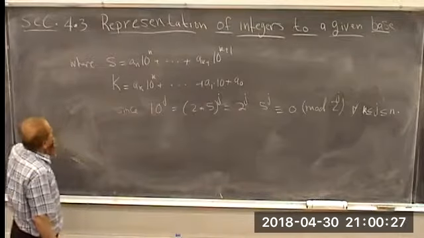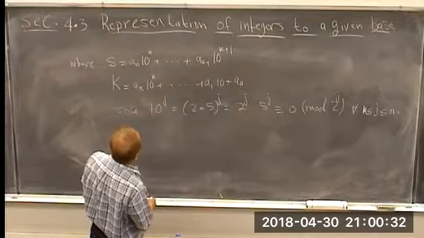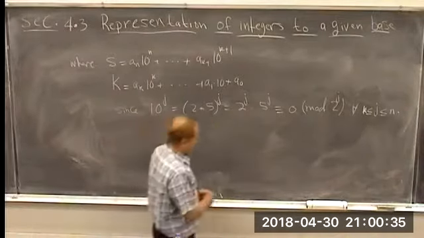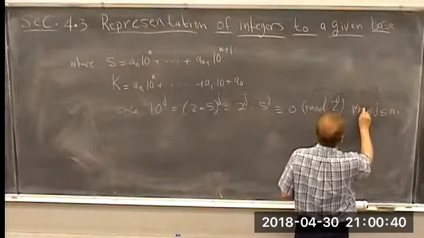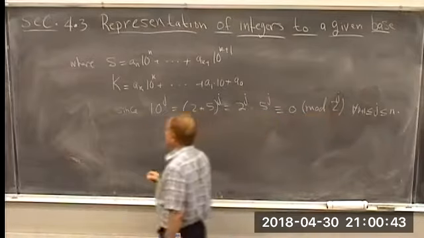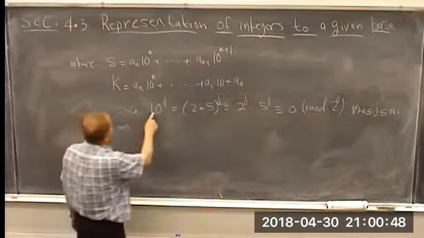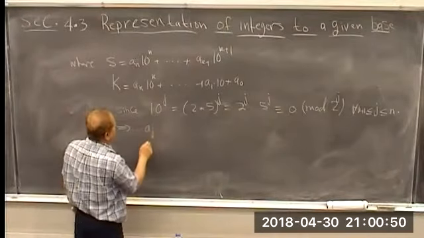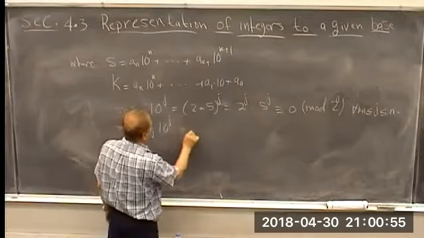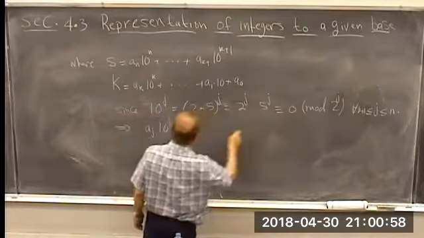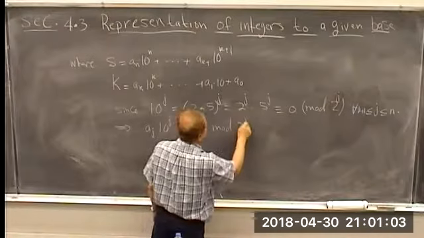So now, actually even to k plus 1 in here. So this implies that if I multiply this by a sub j, 10 to the j, this is going to be congruent to 0 mod 2 to the j.